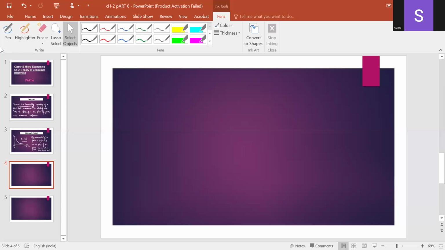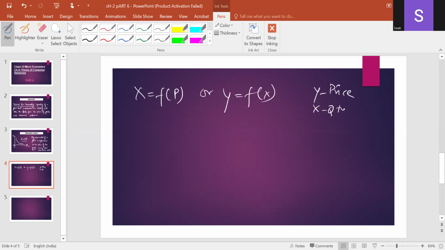So let's take an example that x is equal to a function of p, or we can say y is equal to a function of x, because y is the y-axis and x is the x-axis, where y denotes the price and x denotes the quantity demanded. Okay.